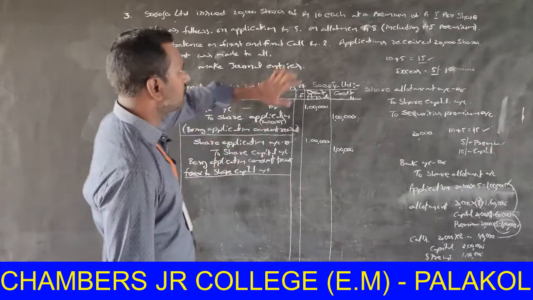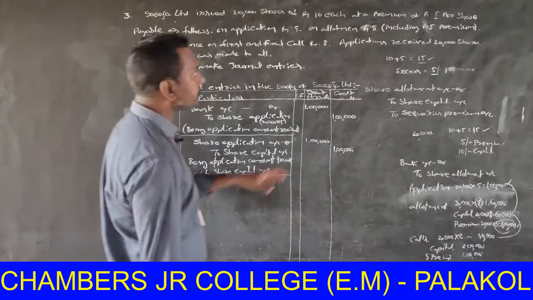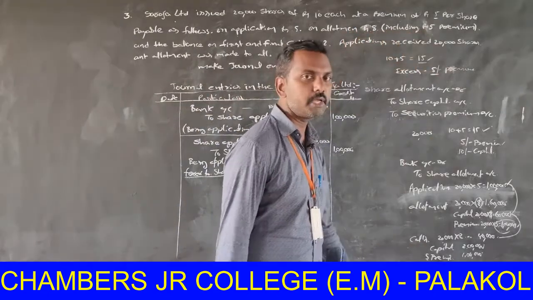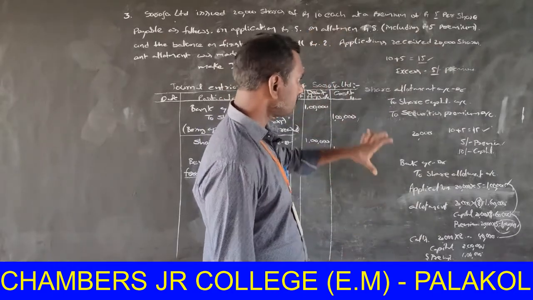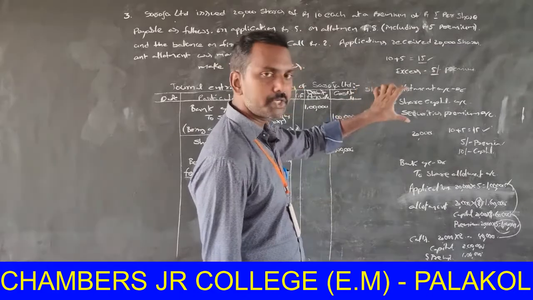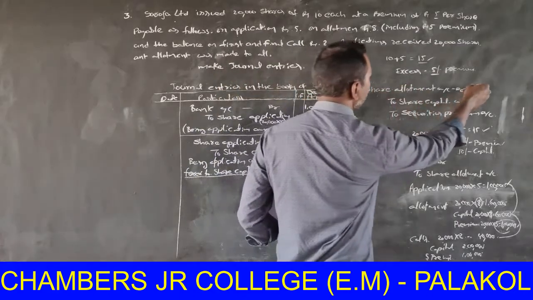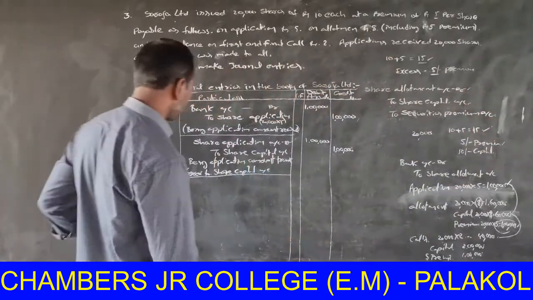And after that, on allotment rupees 8 including 5 rupees premium. Here the allotment includes premium. Now share allotment due with premium. The journal entry is share allotment account debtor to share capital account and to securities premium account.